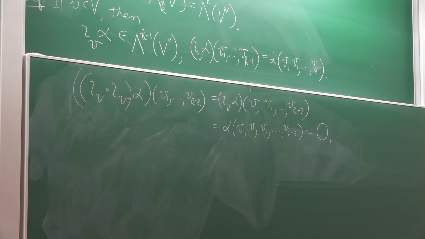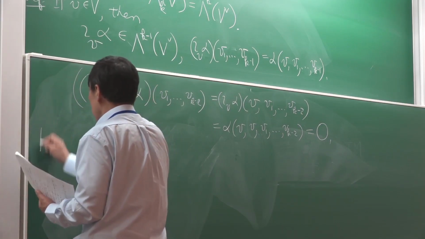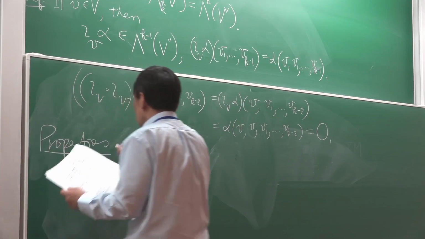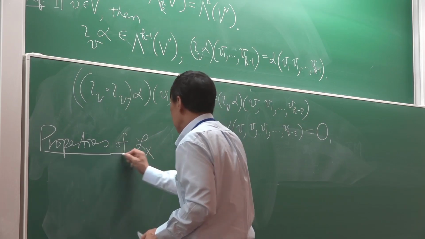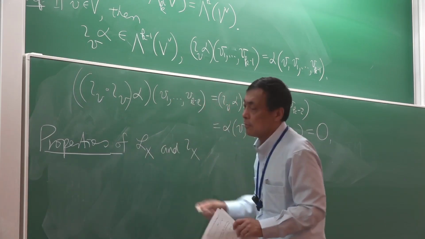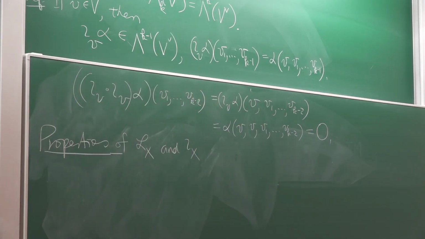Now I'm going to list all the properties of interior multiplication and the Lie derivative that you need to know. Properties of the Lie derivative and interior multiplication. Oh, sorry. Yeah, I defined it on a vector space. Now I want to define it on a manifold.